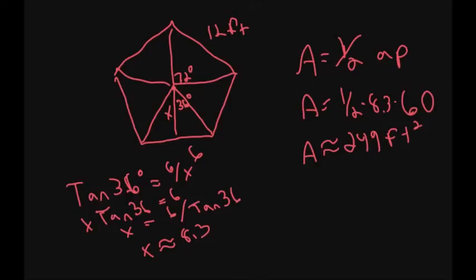So any polygon, you're going to find the apothem and the perimeter, put that into the formula, and find your area. You could just find the area of each triangle in the shape and then multiply, in this case times 5. But with this formula, it's a little bit less steps.